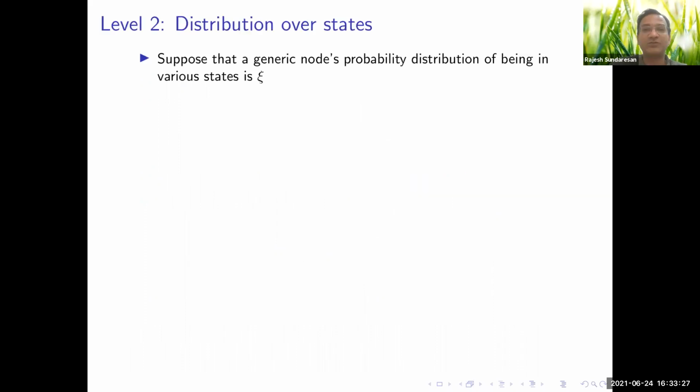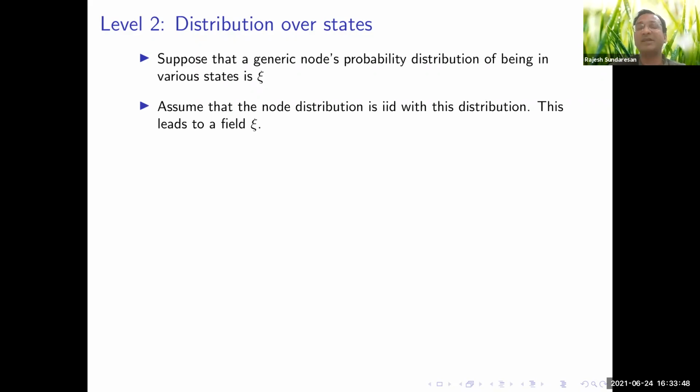Okay, suppose we have a generic node that we look at in the system, and the generic node has a probability of being in a particular state given by a probability distribution xi. So this captures this particular generic node's behavior, so to speak. And by symmetry, we'll assume that all the nodes have this behavior and they're all IID.